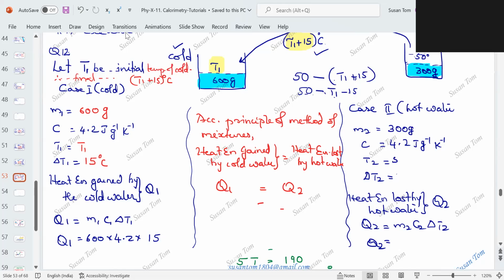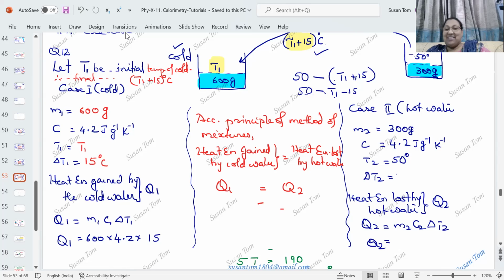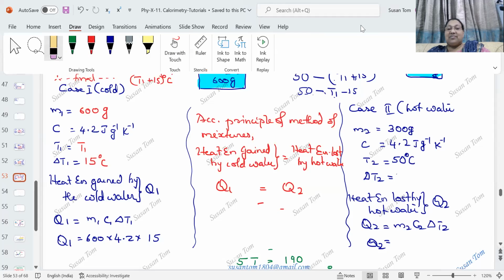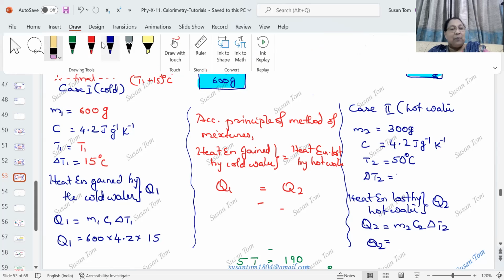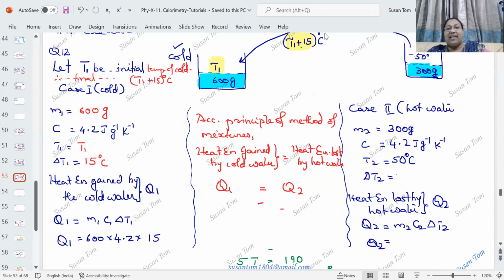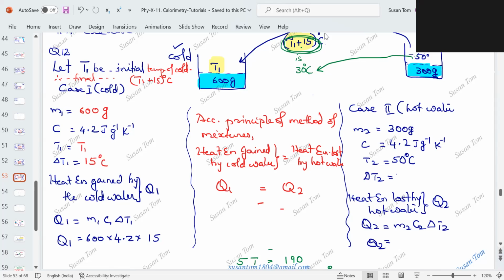Can I explain this again? Okay. Children, do some imagination. Suppose, this is a word I'm giving, suppose this final temperature, what I've written in the expression form, suppose it is 30 degrees Celsius. Okay? Suppose then it will decrease from 50 to 30, which means the delta T2 will be 50 minus 30.